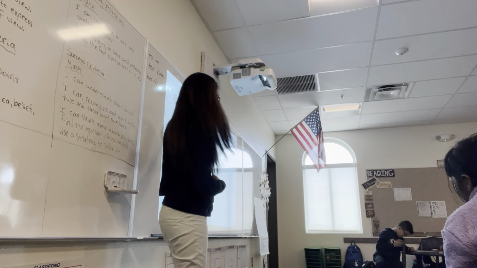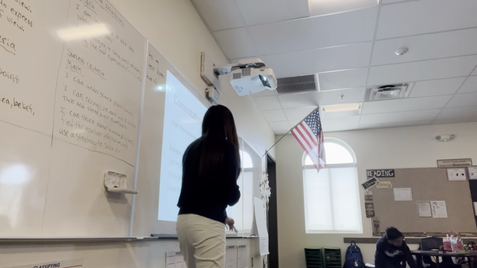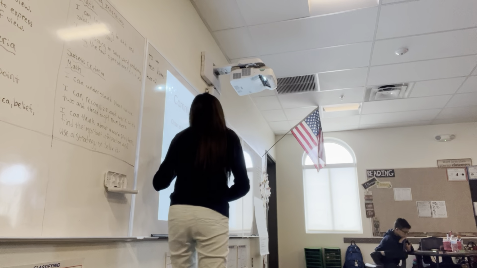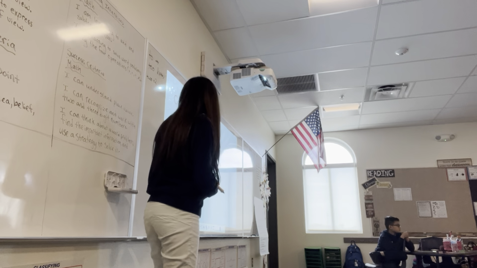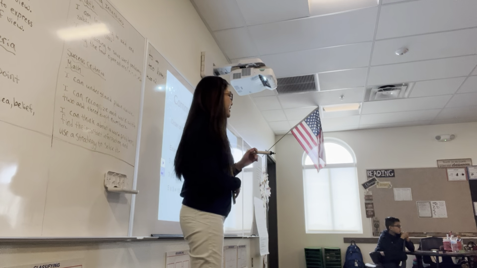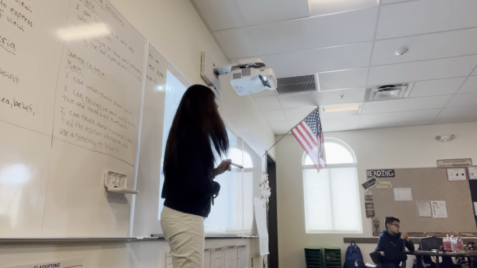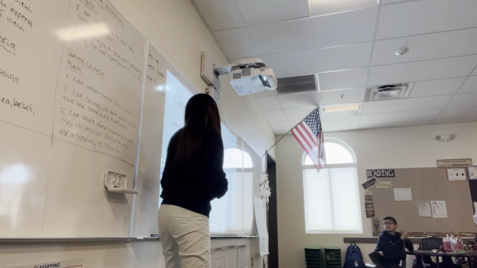The definition is: order of the factors does not change the product. So for example, I have 3 times 5 here. And if I switch the order, it will give me the same answer. So if I flip those 2 numbers, I would get 5 times 3.